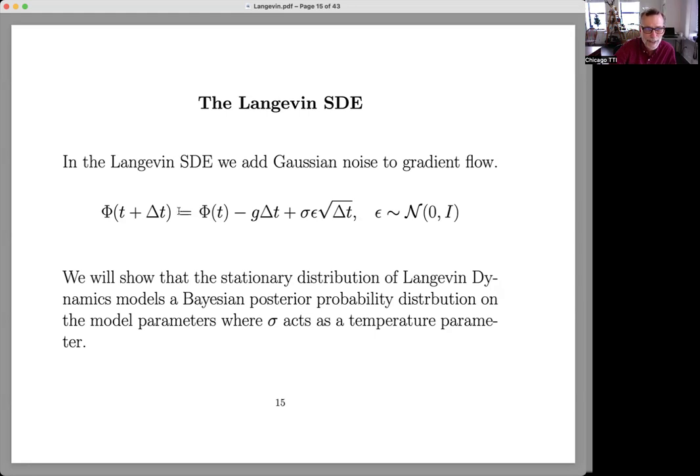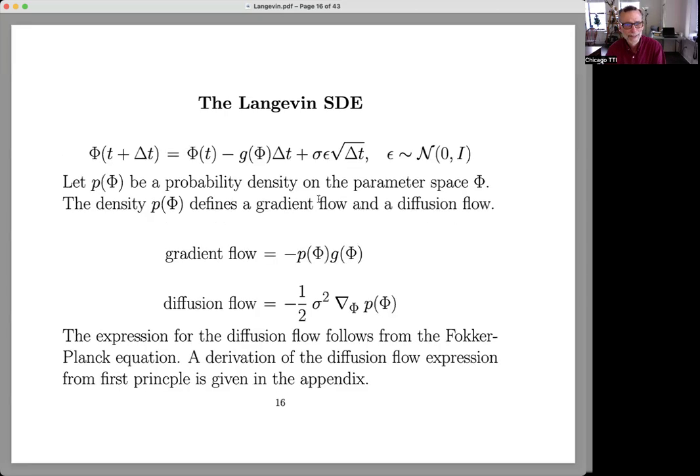Given phi of t, we can sample from phi of t plus delta t by adding an amount of noise that grows as the square root of delta t. So we have this version of gradient descent. It's really a version of gradient flow, but with Brownian motion-like noise added along the way.